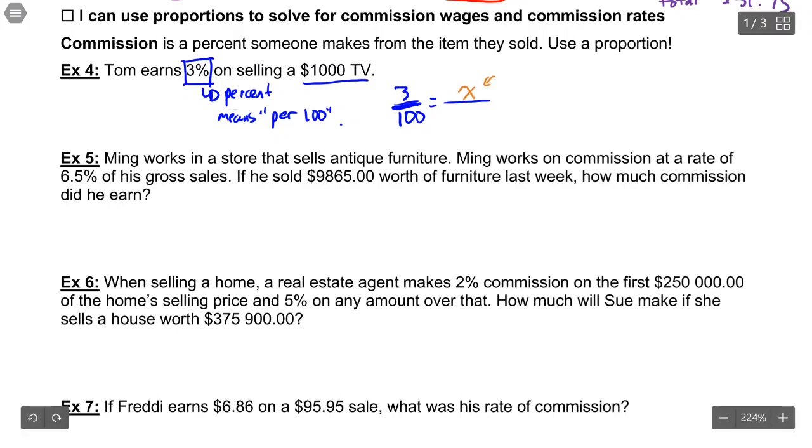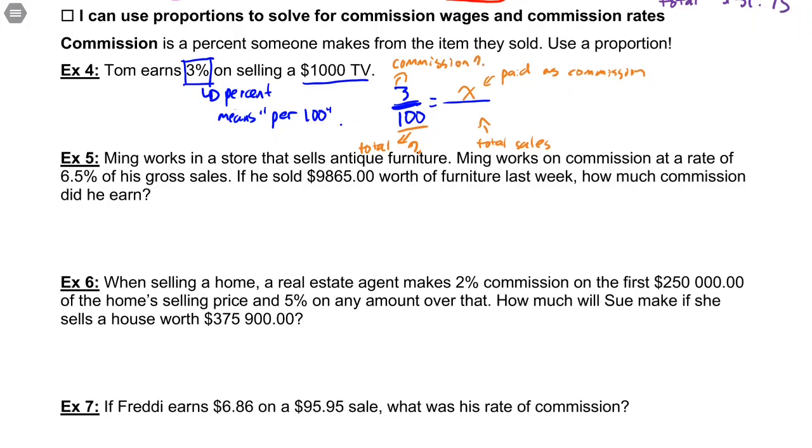That's how much they are getting paid as commission. And this number underneath here is the total sales, right? Because 100 is the total percent, and this 3 is the commission percent.